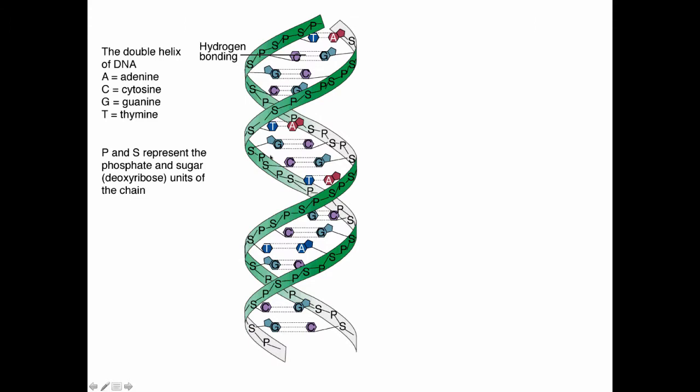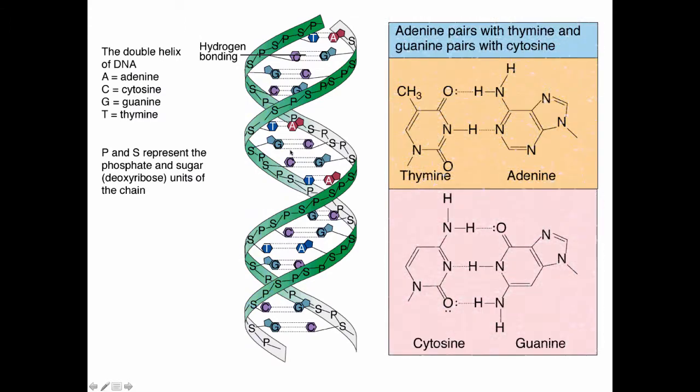And then there's a helix or ribbon of one and another helix or ribbon of these groupings, and then they are attracted from one side to the other via hydrogen bonding. So the S and P here represent sugar and phosphate groups, which kind of makes the backbone.